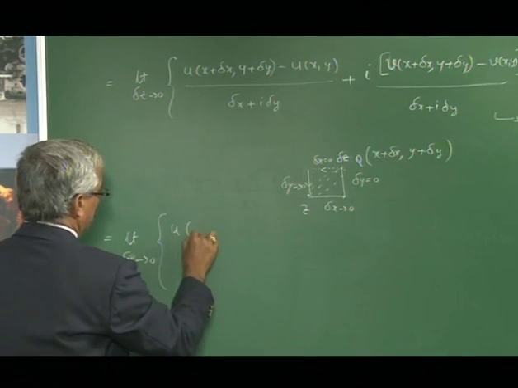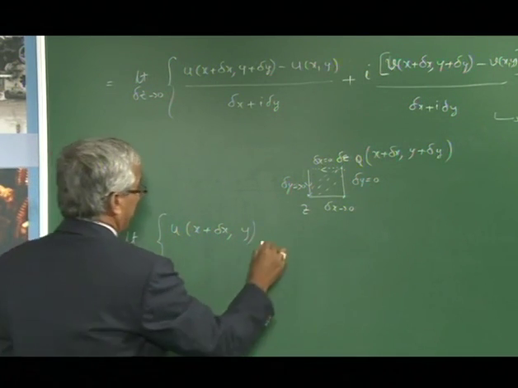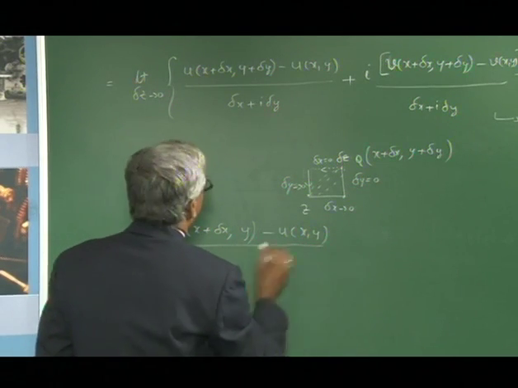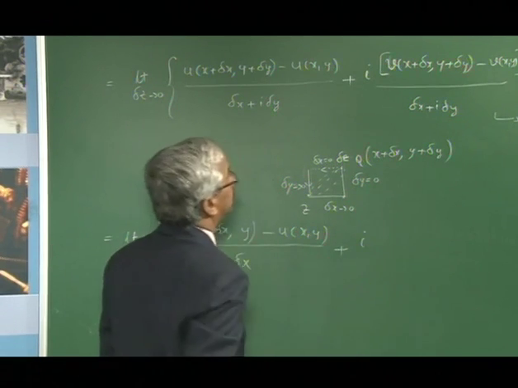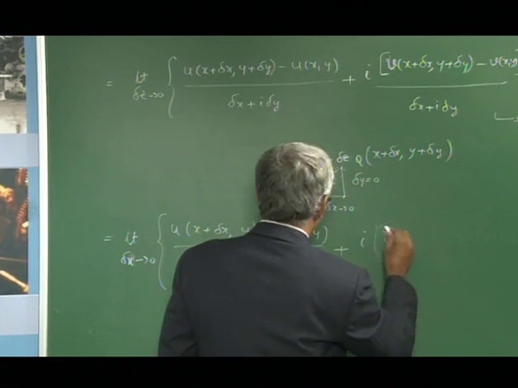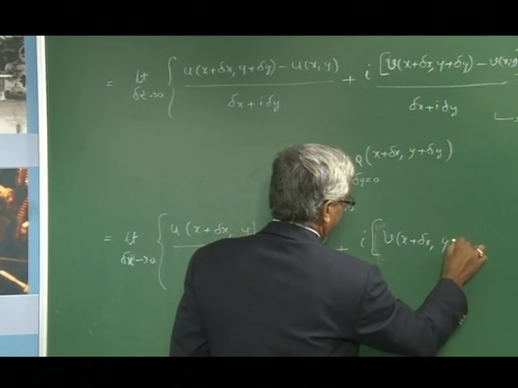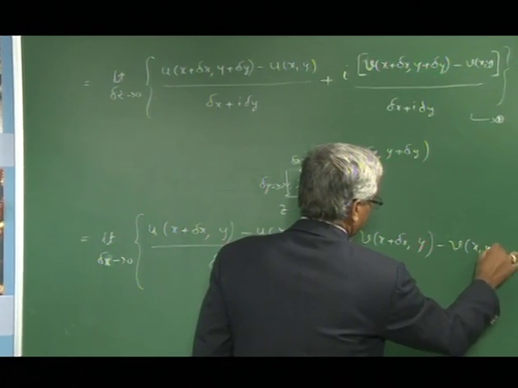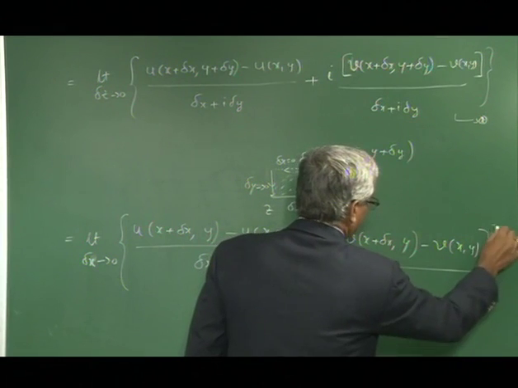That gives [u(x+Δx, y) − u(x, y)] divided by Δx, plus i into [v(x+Δx, y) − v(x, y)], because Δy is 0, that is divided by Δx.